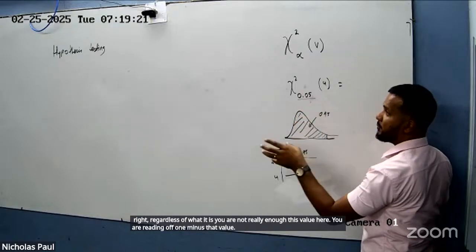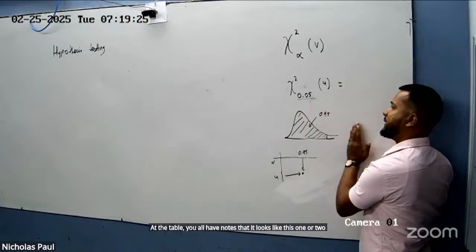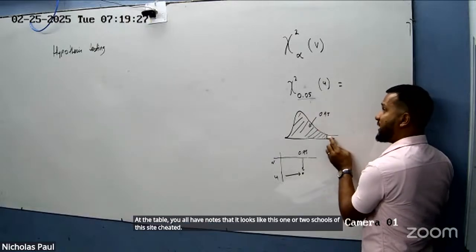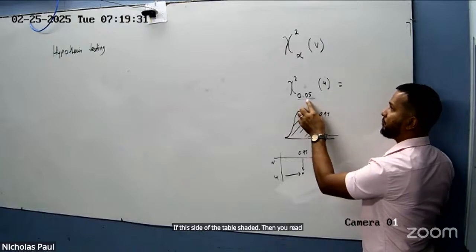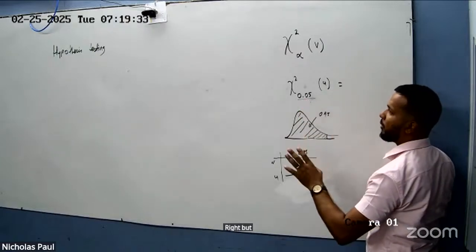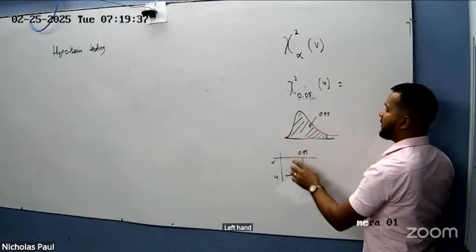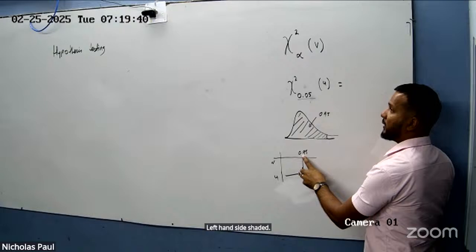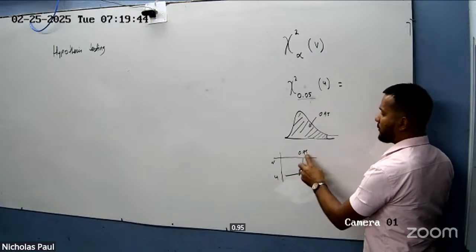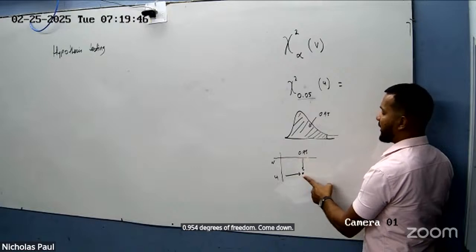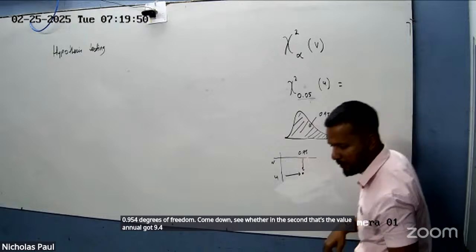But the table you all have most likely looks like this. 1 or 2 schools have this side shaded. If this side of the table is shaded, then you're reading off this. But we don't have to worry about that because the ones that we have look like this. Left-hand side shaded, and we're reading off this value here, 0.95, 4 degrees of freedom. Come down, see where they intersect, and that's the value. And you all got 9.488 or something like that.